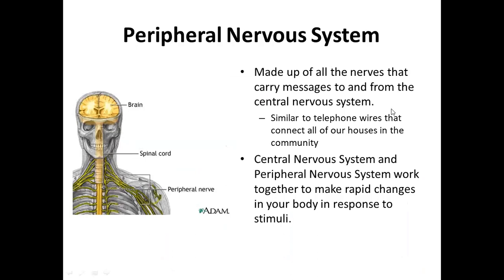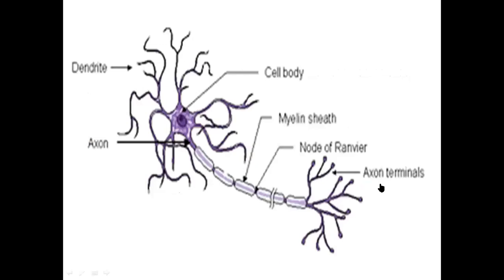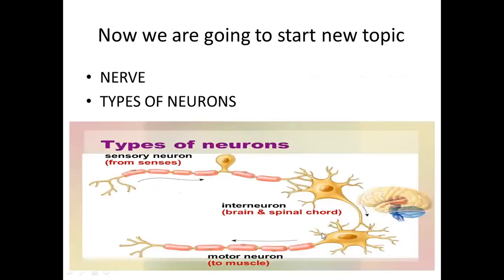The peripheral nervous system is composed of all the nerves which carry messages to and from the central nervous system. Both work together, allowing our body to respond to foreign stimuli. That is a completely labeled figure of a neuron, which we have already discussed.